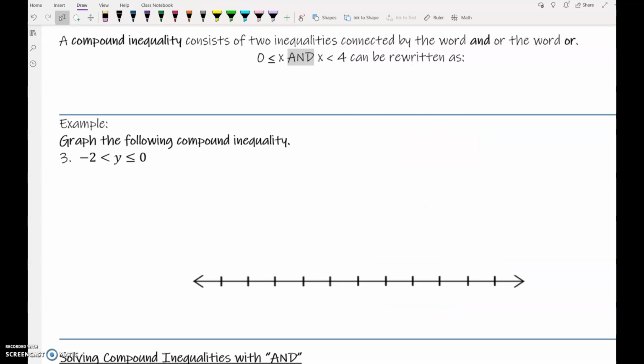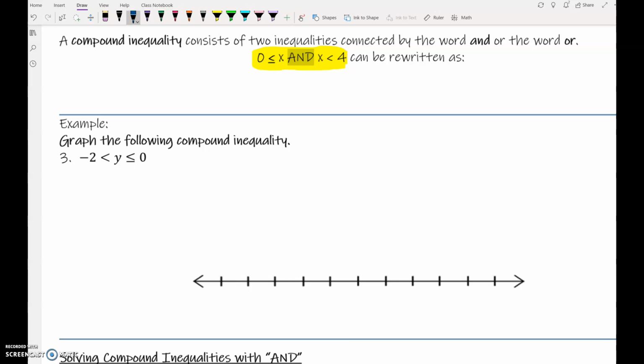A compound inequality is when you have two inequalities and they are connected by the word and or the word or. However, you will not see the word and, you will only typically see the word or, because and inequalities, we actually don't write them with the word and.